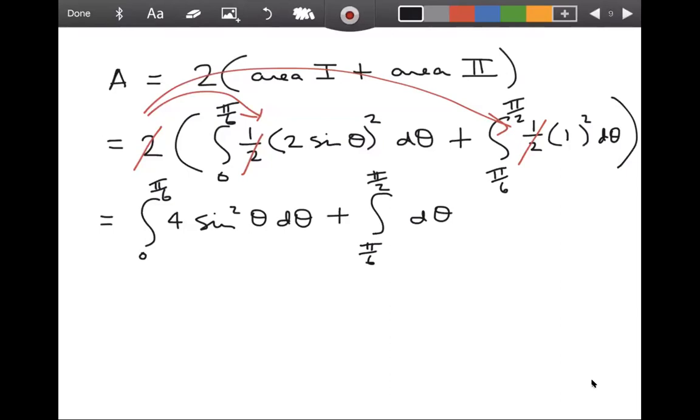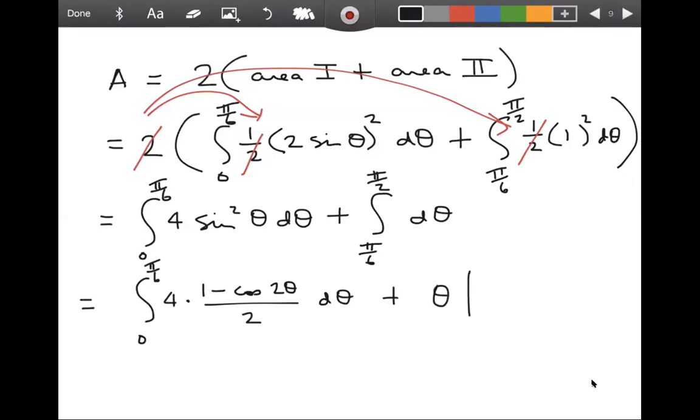And then the first integral is very similar to what we just did in the last example. I'm going to replace sine squared theta with the power reducing formula for that, which is 1 minus cosine 2 theta over 2. And then I think I'll just go ahead and evaluate this one. Why not? So that's going to be theta, plug in pi over 2, plug in pi over 6.